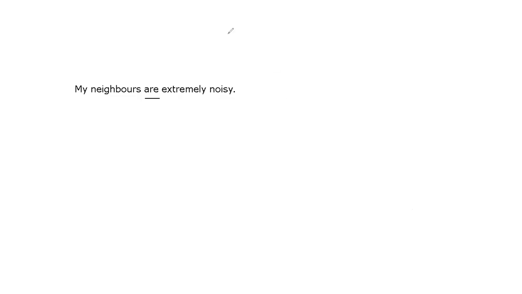Next step, do you remember? Next step was identifying subjects. Which is the subject here? My neighbors. We all agree, don't we? Good. And the predicate, the rest, okay? What is not subject is the predicate.